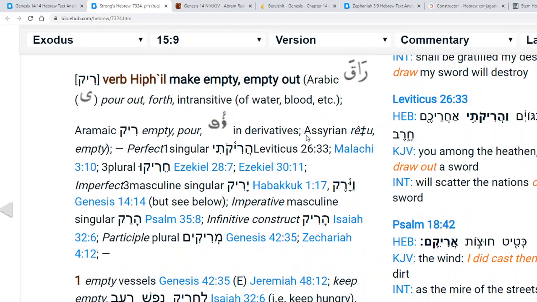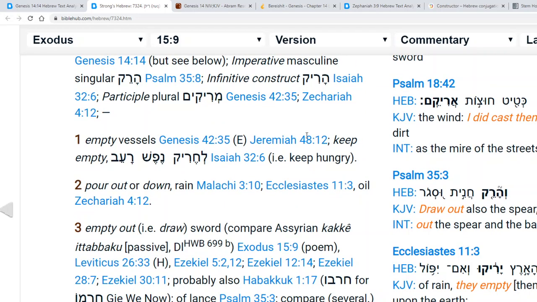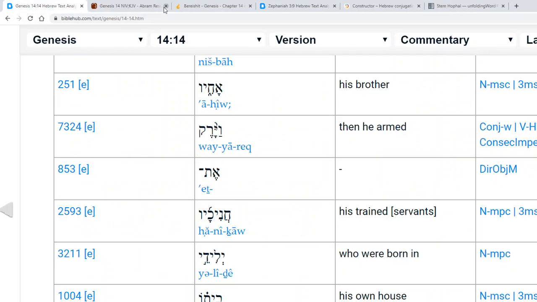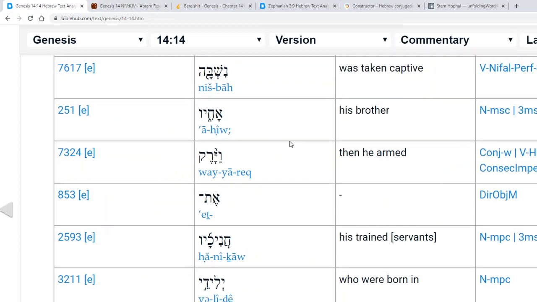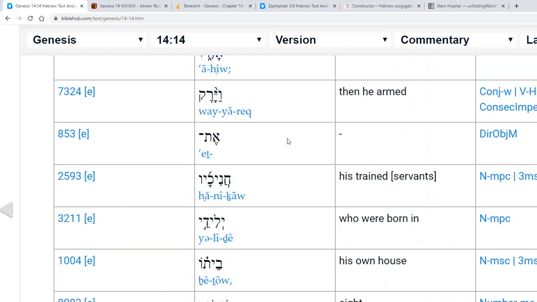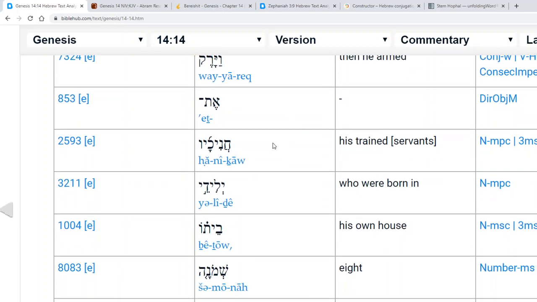So literally it means to make empty. But they're translating it as armed. Maybe Rashi will say. Et is the direct object marker.